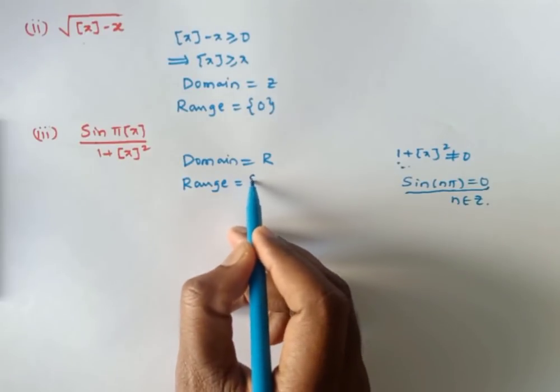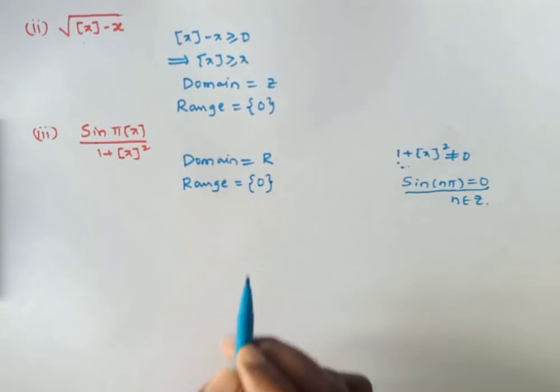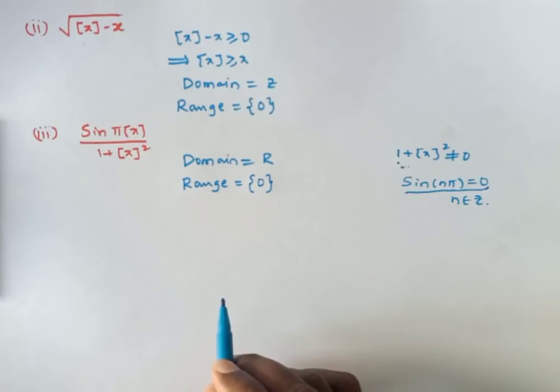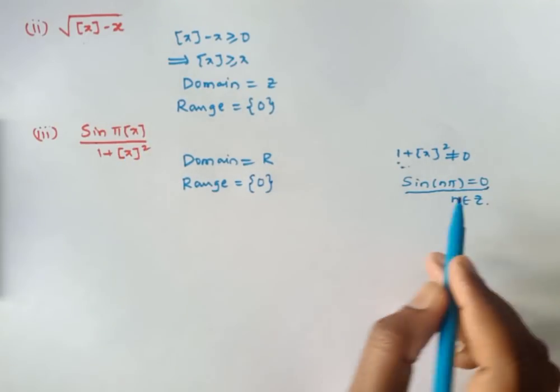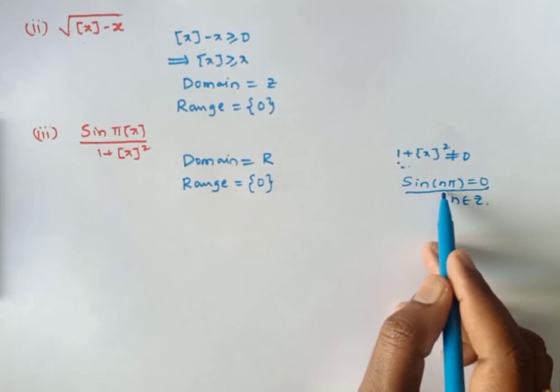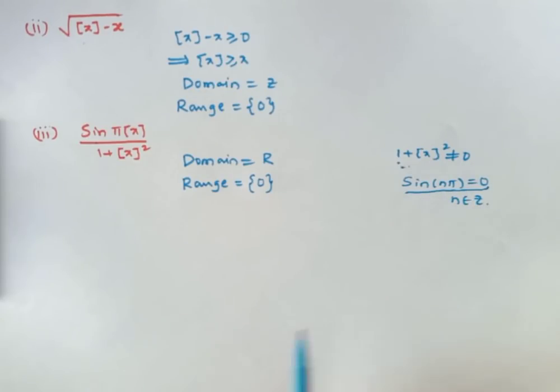So therefore we get the output value only 0. Already we know sin of integral multiples of pi is always 0. So the range for this function is 0.